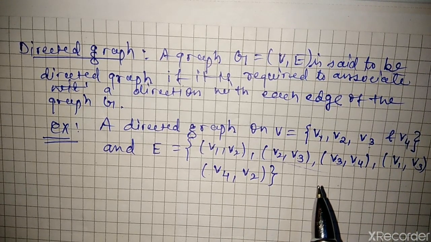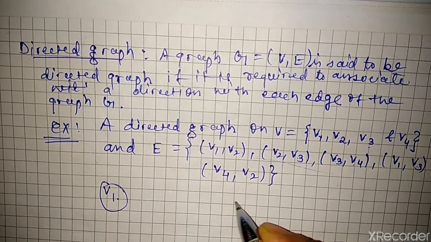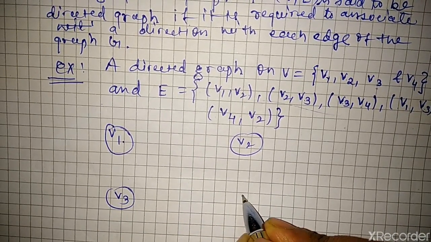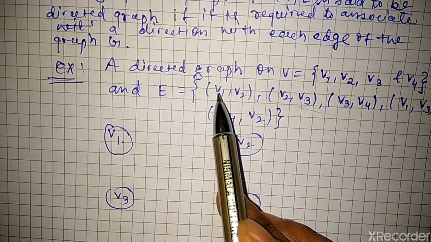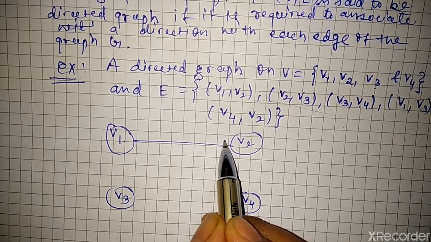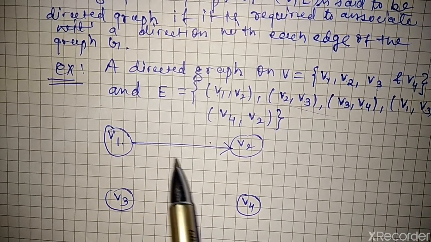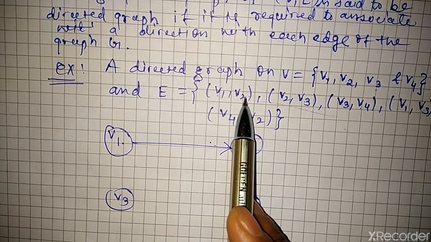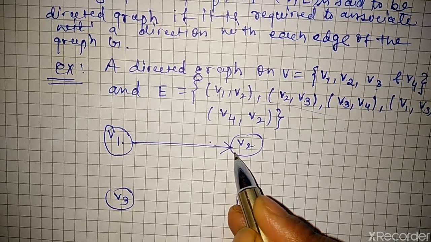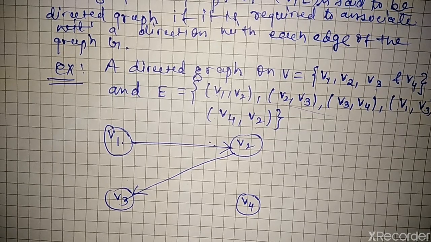So let us draw the graph. We have V1, then V2, then V3, and then V4. The first relation is from V1 to V2, so the direction is from V1 to V2. Then V2 to V3, and we give a direction like this.